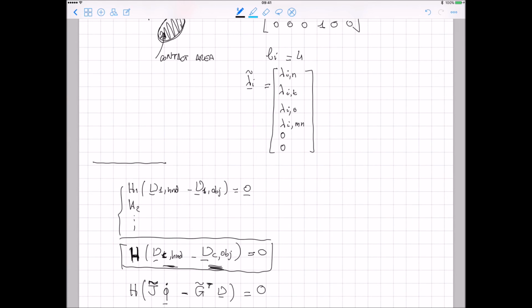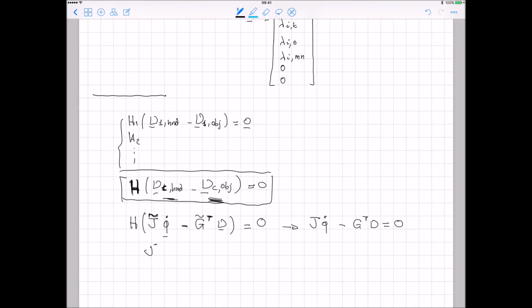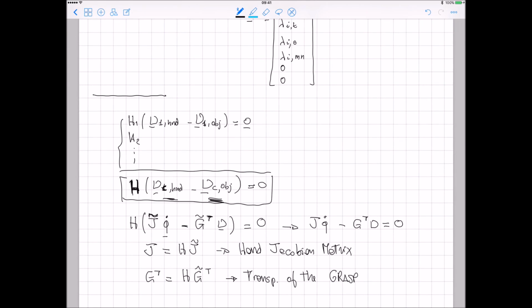And finally, we can write this as J q dot minus G transpose times the object twist equal to 0, where J_H is the hand Jacobian matrix and G transpose equal to H G tilde transpose is the transpose of the Grasp matrix.